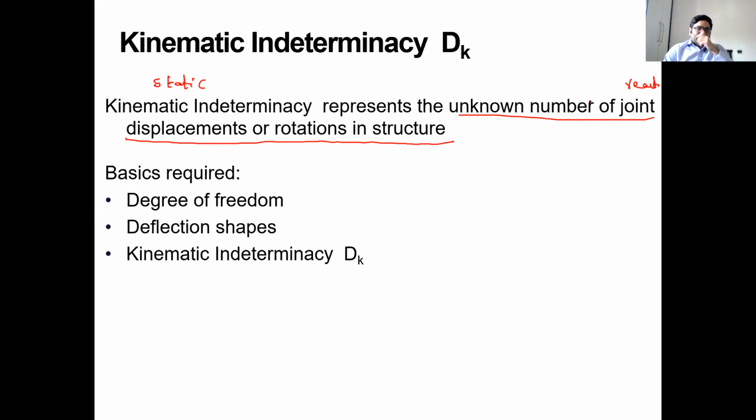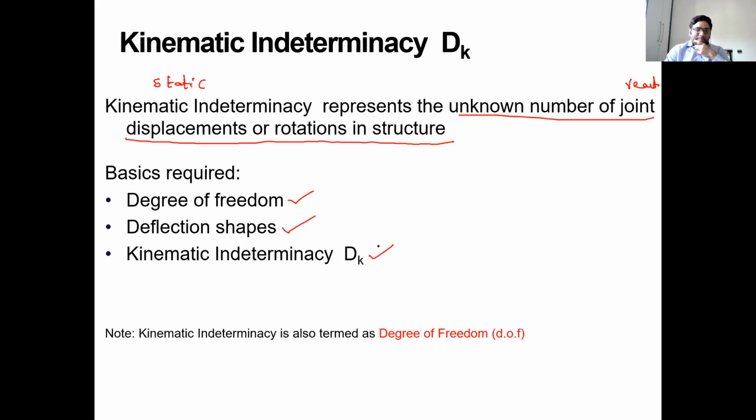Okay. Now, what are the basics that are required? We need to understand what is the degrees of freedom, what are the deflection shapes for each support, and what is kinematic indeterminacy. As I already said before, kinematic indeterminacy is also termed as degrees of freedom.